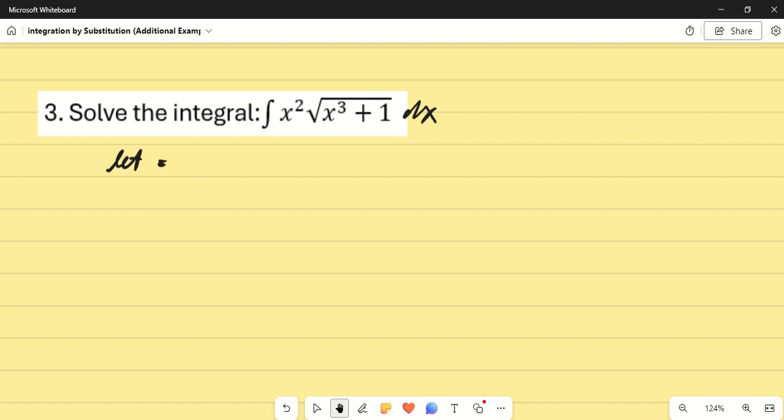So usually, if you can still recall, in our previous discussion, we let u be equal to the expression enclosed inside the parentheses, or the radicand, or it can be that the expression that we can substitute with u is the denominator. But in this case, we will be making use of x cubed plus 1, because that's the radicand of the radical expression in our given.